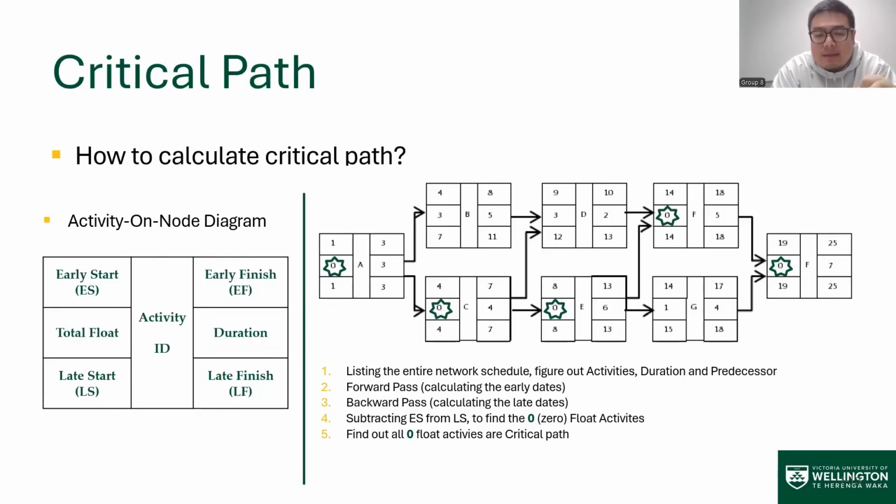We subtract the early starts from the late starts to calculate all the floats, and then we point out all the zero-float activities and link them together. That's the critical path.